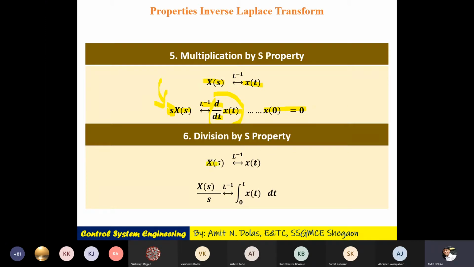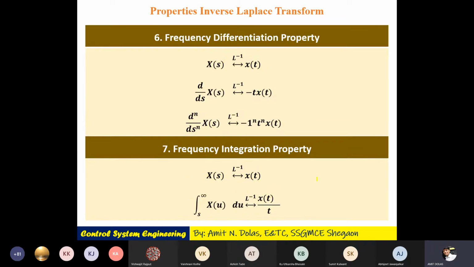Similarly, for the division property, if I divide x of s by s, its inverse Laplace transform will be the integral from 0 to t of x of t dt. This is the division by s property.